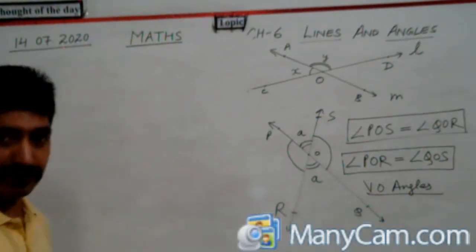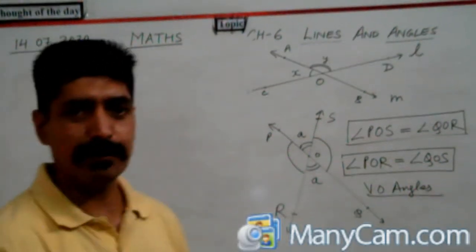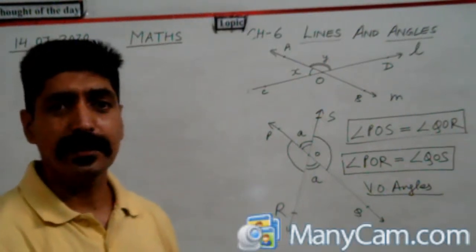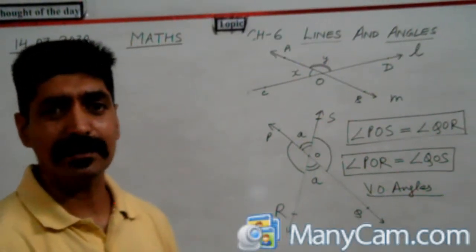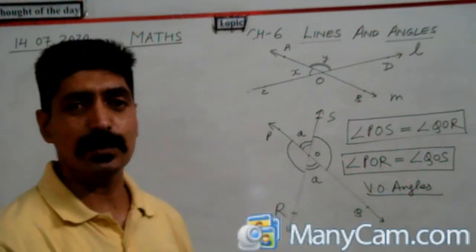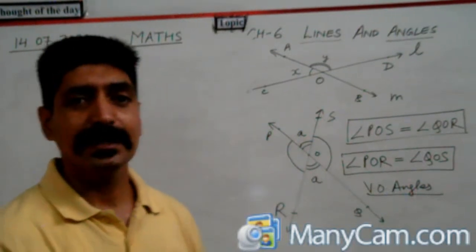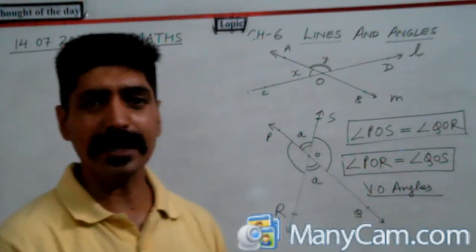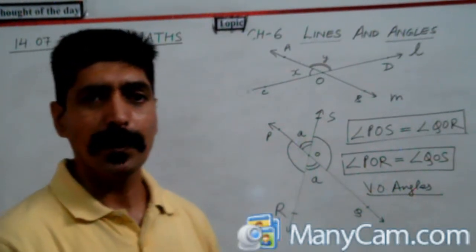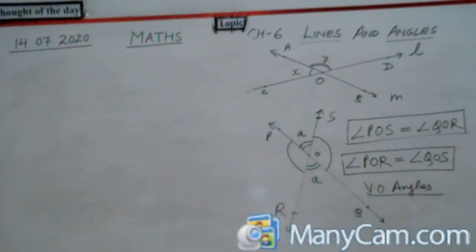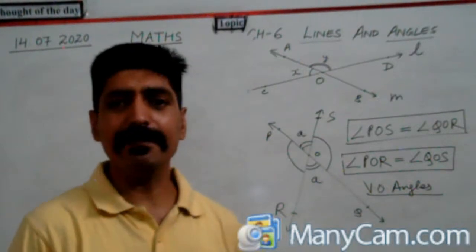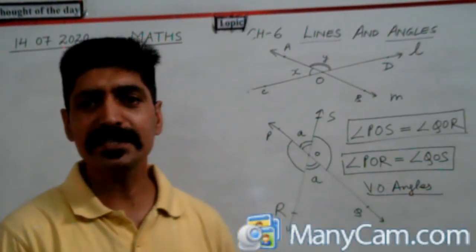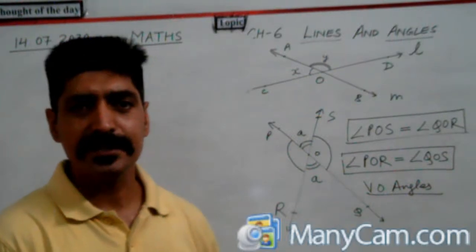Very important question. You can note it down. How to prove that vertically opposite angles are equal? We know earlier in lower classes that vertically opposite angles are always equal. But how to prove it? What is its proof? So let's start with the proof.